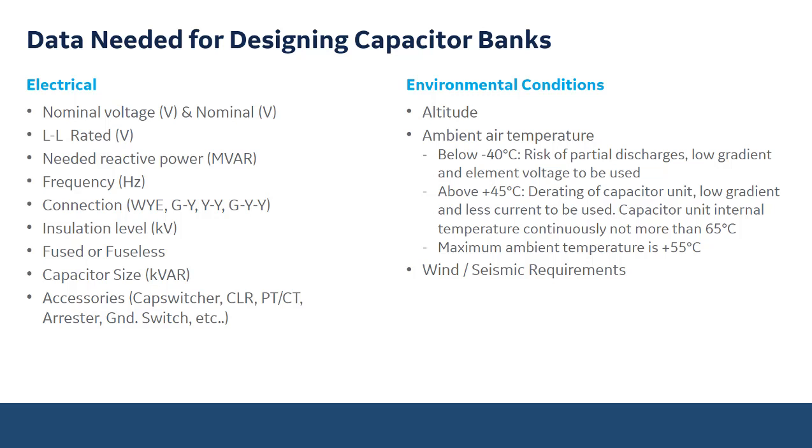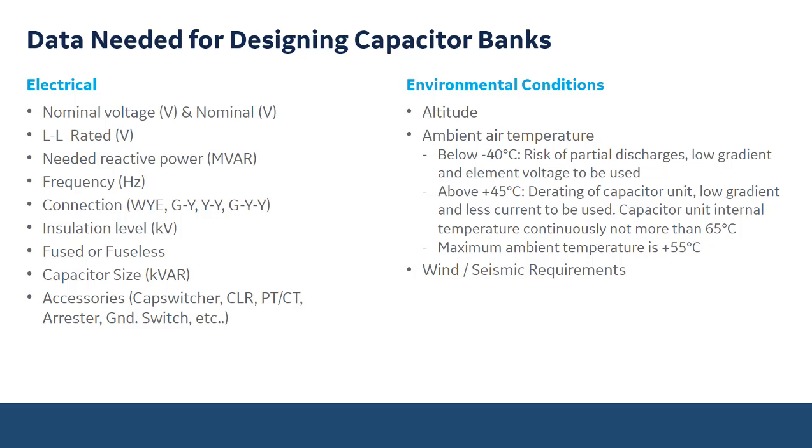Keep going. The insulation level, and this is going to be measured in your kV BIL, whether it's going to be fused or fuseless, the capacitor size, the accessories, whether we're going to turn it on using a cap switcher or other device, what type of switch that is, CLR, so that's going to be your current limiting reactor on either your inrush or outrush.